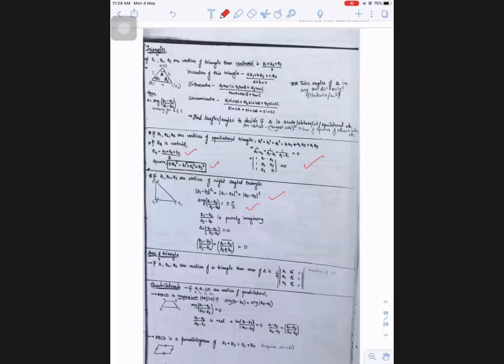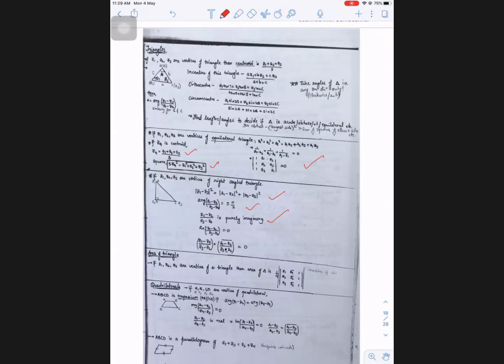Argument plus or minus π/2 means the complex number lies on the imaginary axis. That is the same as (Z1 − Z2)/(Z3 − Z2) being purely imaginary, or its real part being 0. Real part 0 means the condition Z + Z̄ = 0.